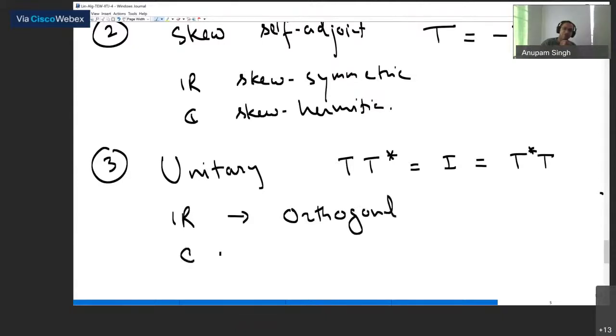In the complex case, I called it unitary. However, here you can together call them unitary if you're just working with an inner product space.